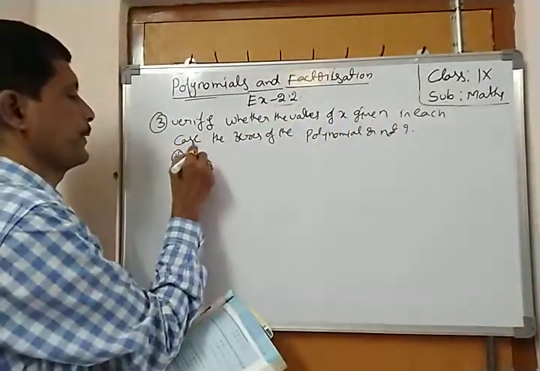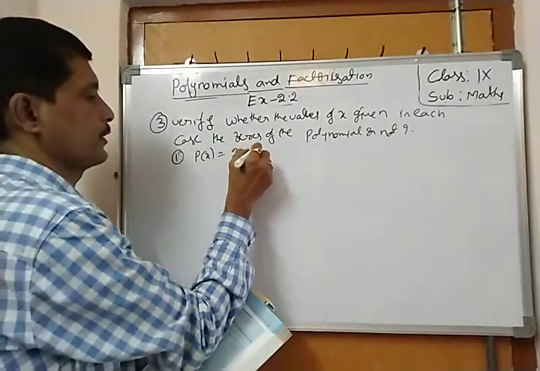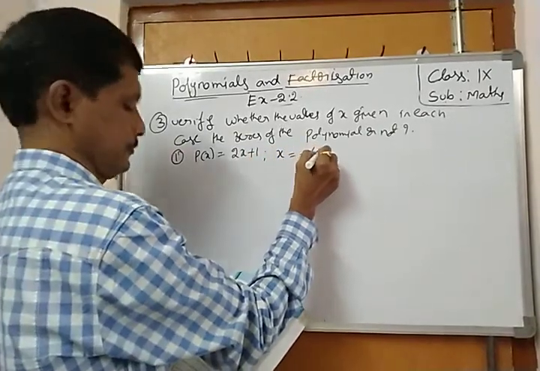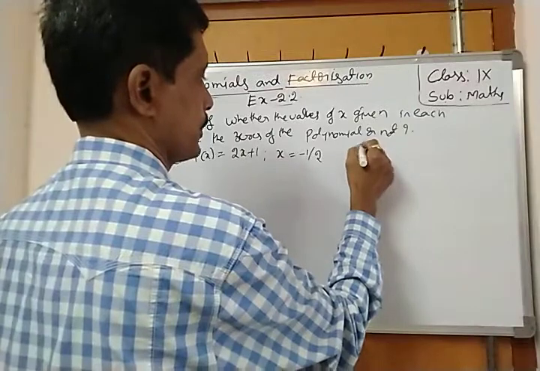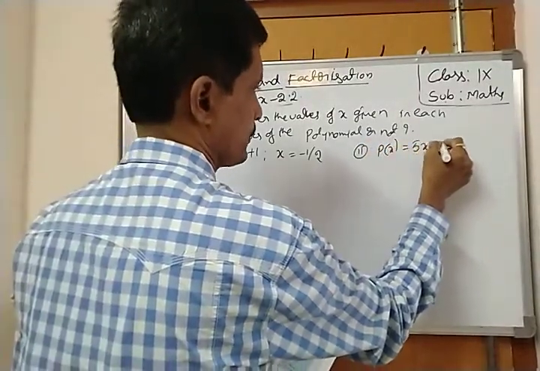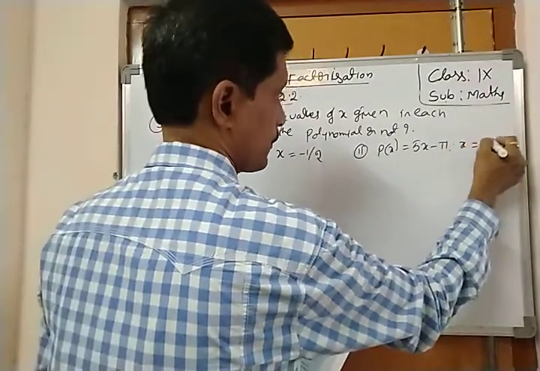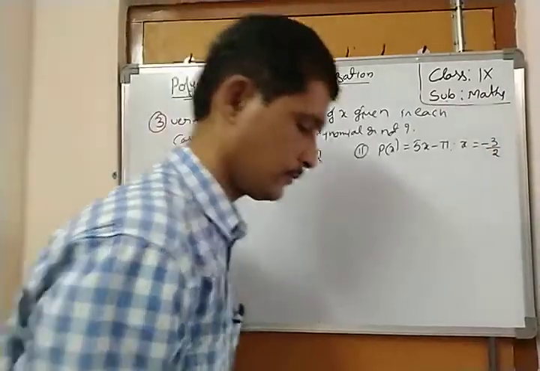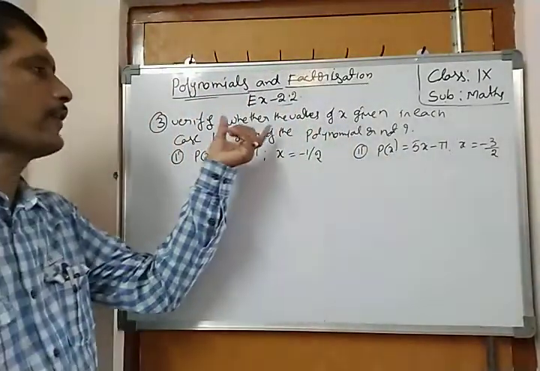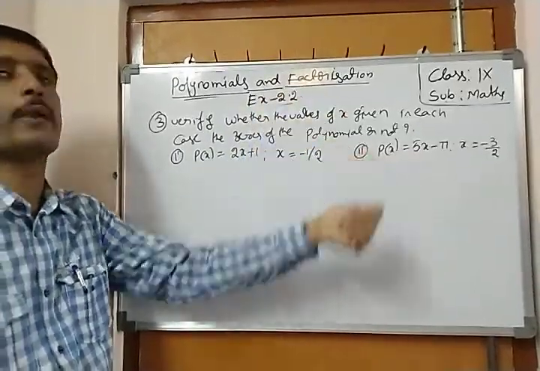The first one is p of x equals 2x plus 1, where x equals minus 1 by 2. Next, the second question, p of x equals 5x minus 5, where x equals minus 3 by 2.